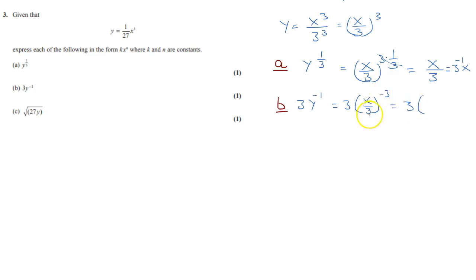We remove the negative sign, so it will be 3 over x to the power 3 with the 3 inverted. So this is equal to 3 times 27 over x cubed. That can be written as 81 x to the power minus 3.